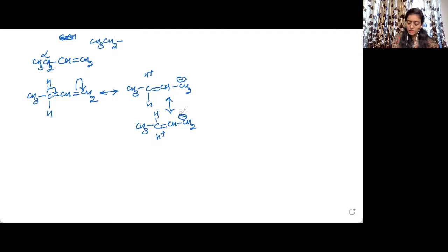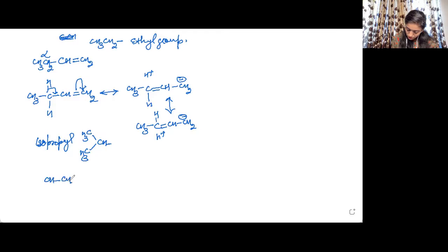Here we took the ethyl group. Now we are taking the isopropyl group. You need to keep in mind what the ethyl group is and what the isopropyl group is. The isopropyl group is CH(CH3)2. Now, attached to the unsaturated system, CH, CH2 double bond. Sorry, let me clear it off.